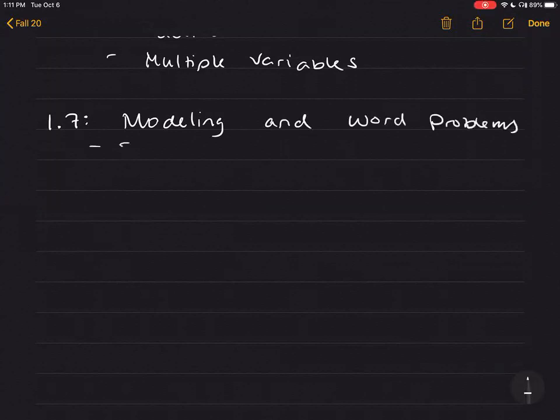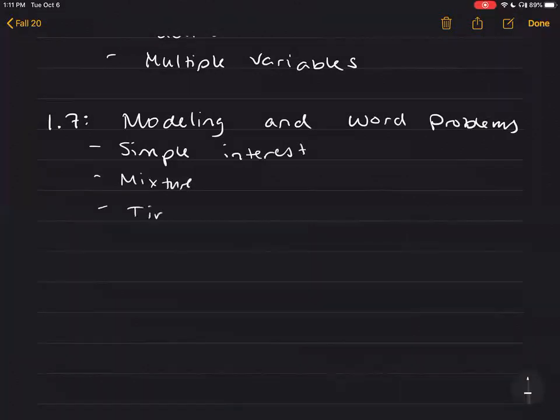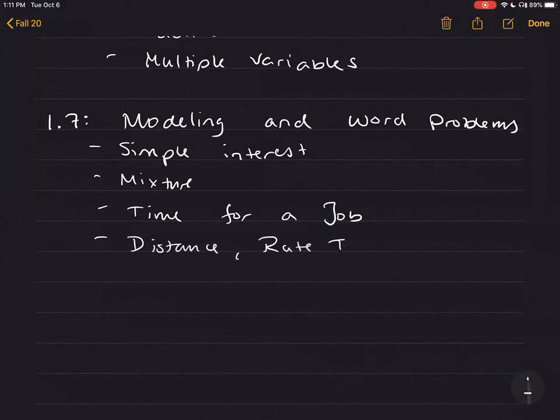And so we did simple interest, mixture, time for a job, and lastly, but not least, distance, rate, and time problems.